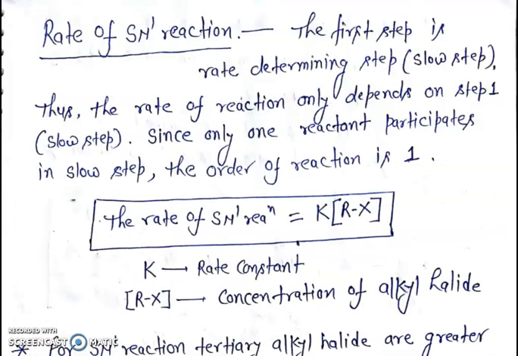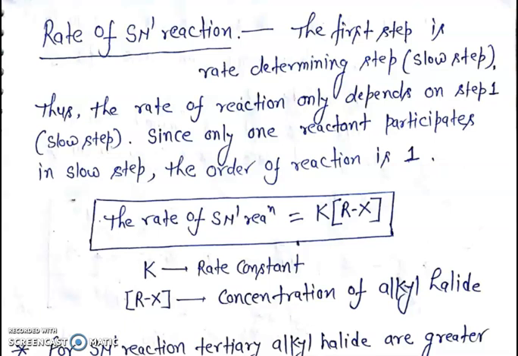Rate of SN1 reaction. The first step is the rate determining step, that is slow step. Thus, the rate of reaction only depends on step first, that is the slow step. Since only one reactant participates in slow step, the order of reaction is 1.